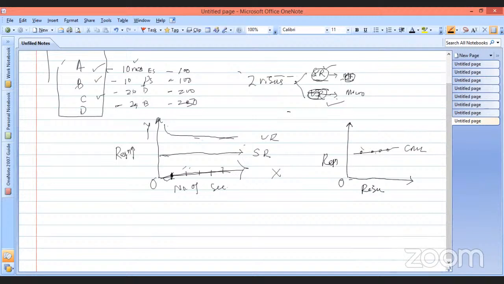That means below this line, some assets are also there. Some other financial assets are there. Below the capital market line, what are the assets? This is known as the lower risk assets. But above the capital market line, again, some assets may be there.